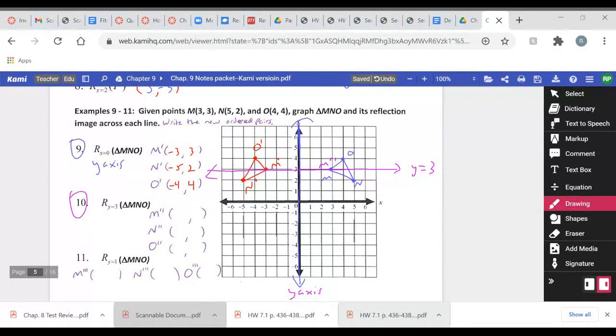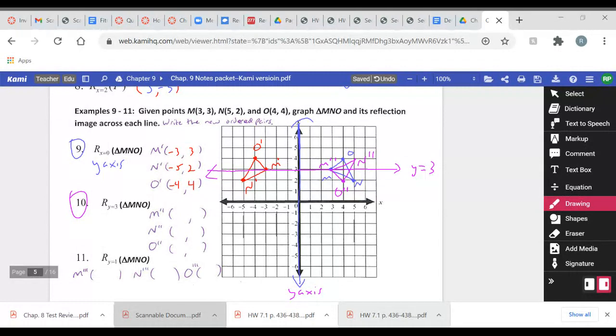O is 1 above the purple line, so I'm going to go 1 below, and I'm going to label it O double prime. And N is 1 below, so I'm going to take it 1 above and label it N double prime. And then I'm going to connect my new dots. And that's where my new O double prime, N double prime, and M double prime are.